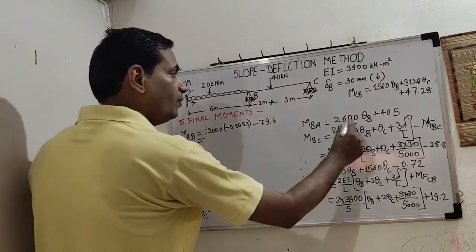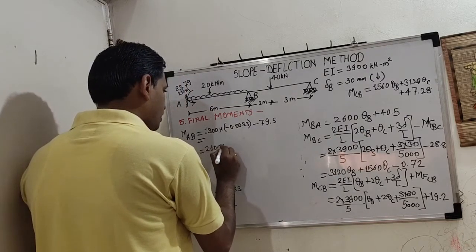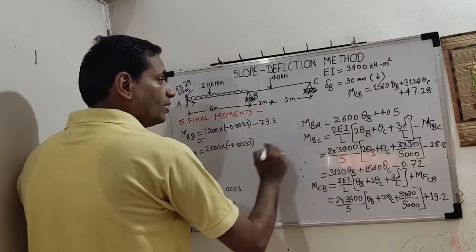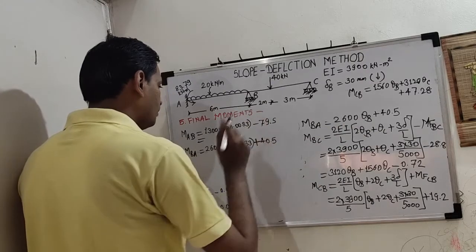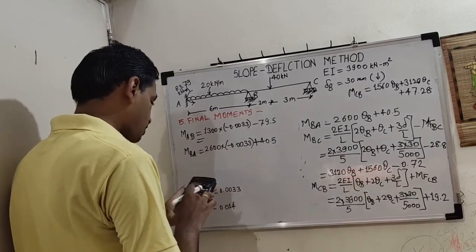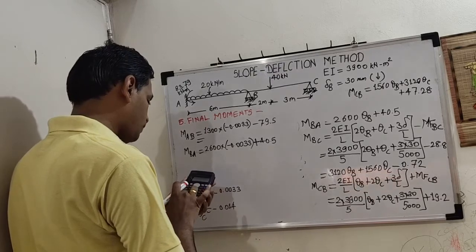What is MBA? 2600 theta B. So it is 2600 into minus 0.0033 plus 40.5.